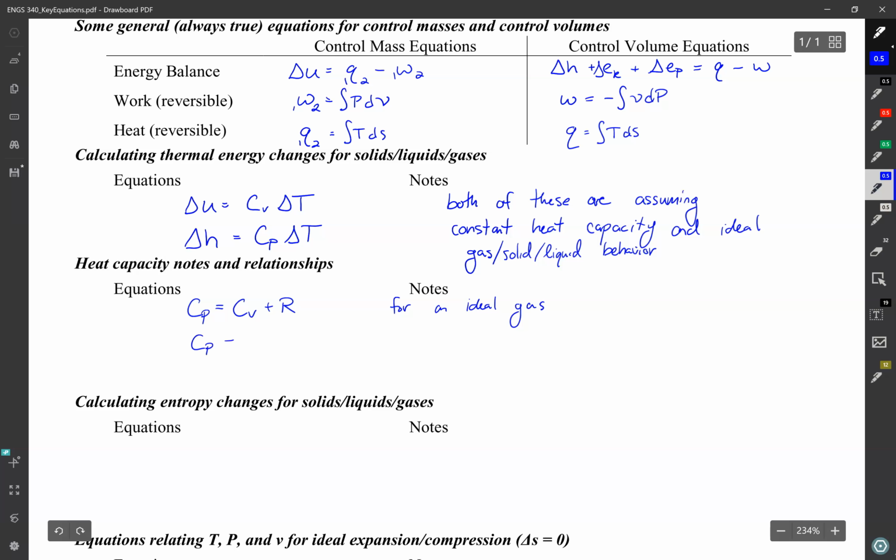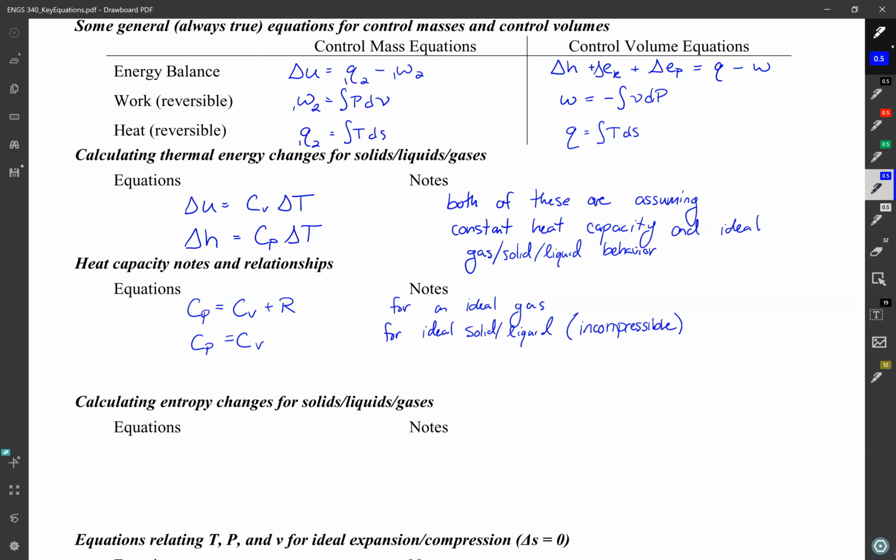And Cp equals Cv for an ideal solid or liquid. By ideal solid or liquid, we mean incompressible.